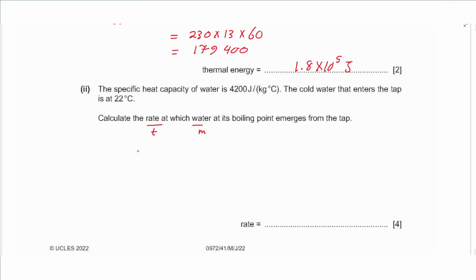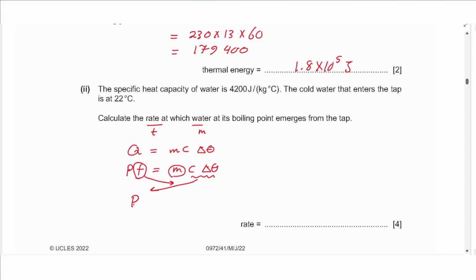So we have the equation Q equals mcΔθ, or Pt equals mcΔθ. So we need mass divided by time. So we can move the time to the other side by division, and we move these to the other side by division.